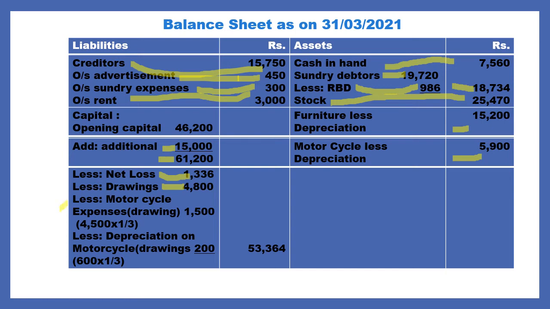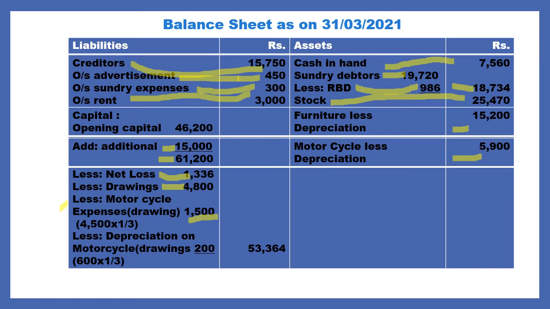4,800, less motorcycle expenses, total expenses 4,500, in that 1/3 used for private purpose, so 4,500 into 1 by 3, 1,500 expenses, will be considered as personal expenses. Again, depreciation, total depreciation on motorcycle comes to 600, but 1/3 used for private purpose.